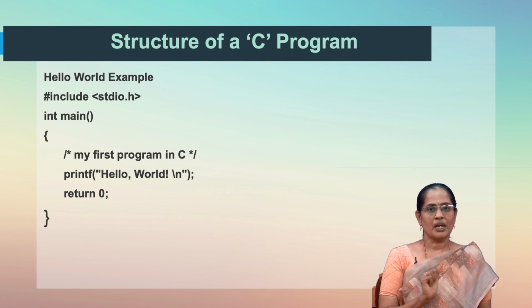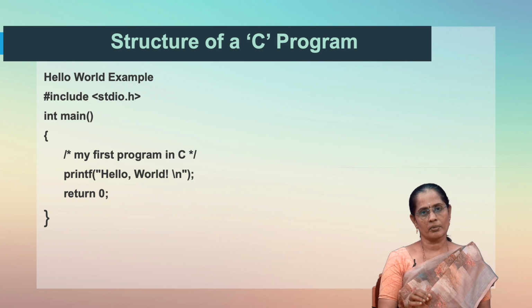When there is a main, the compiler will understand that that is the place where the program execution starts. So, when I give int main, it understands that that is where the program execution starts, and the main function is enclosed with curly brackets or braces.